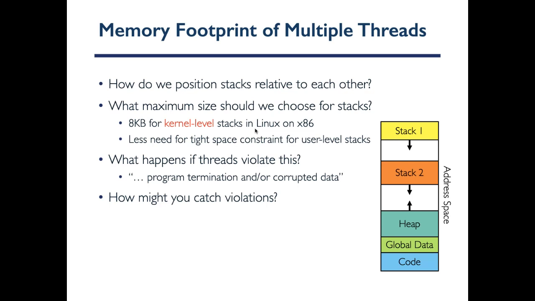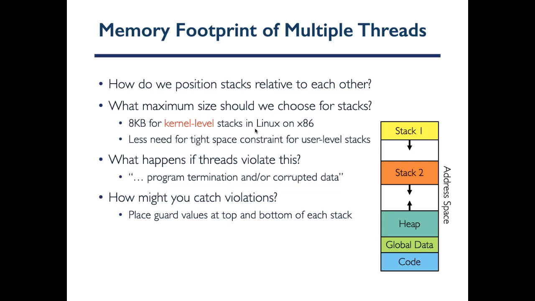What mechanism could the operating system use if it wants to detect such an event? If, let's say, one stack overflows into another stack, how can we detect this? Usually you could place guards at the bottom of each stack. So the operating system would set a variable there, like making the value of the last byte of the allocated stack be some specific thing.